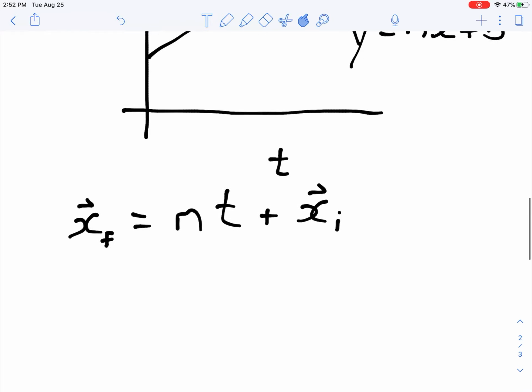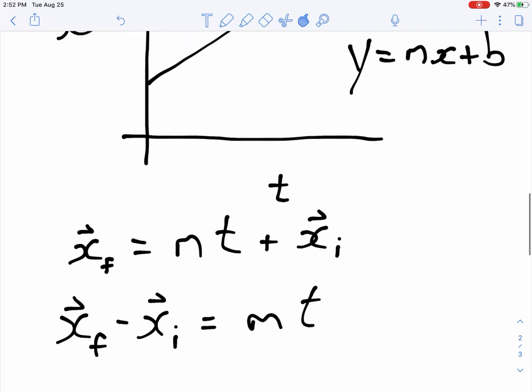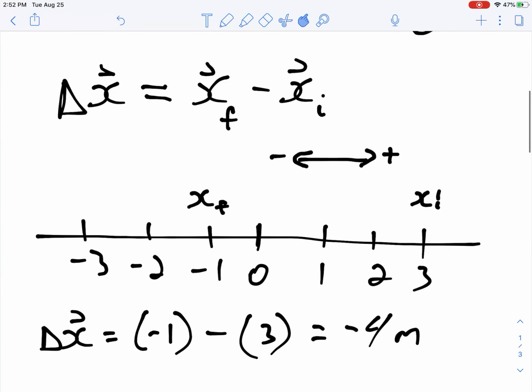Now, if we play around with this equation a little bit, I want to take the initial position and move it to the other side of the equation. So we get x final minus x initial equals mt. Final minus initial, well, gosh, guys, final minus initial looks an awful lot like displacement.